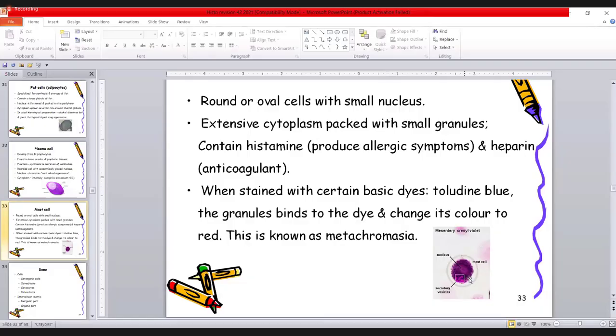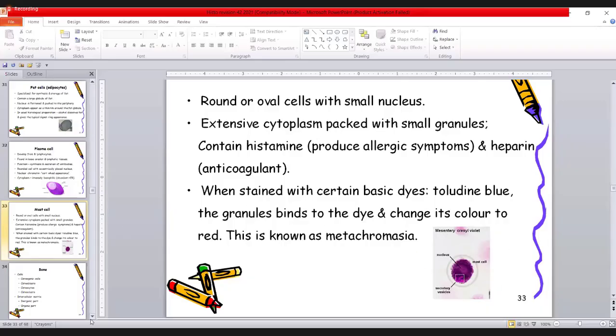It shows the property of metachromasia, meaning that basic dyes such as toluidine blue, which we use to stain the mast cells, bind to these granules, and these granules change the color of the toluidine blue to a deep red color. That property is known as metachromasia.